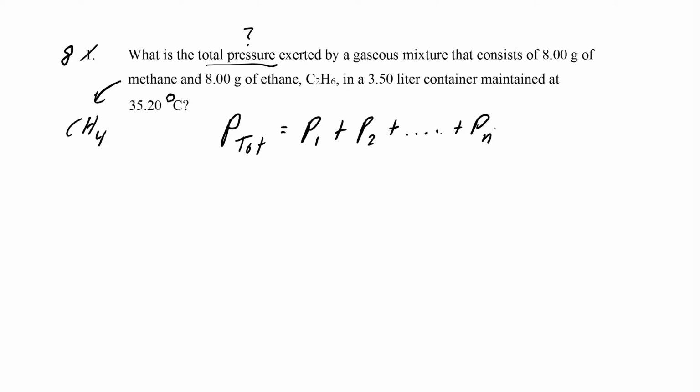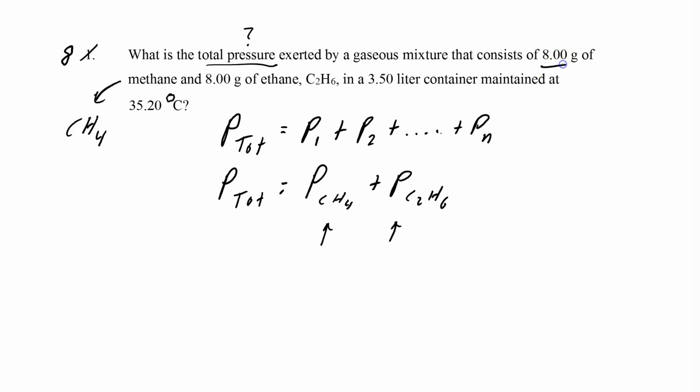In this problem there are two gases, so specifically the total pressure is going to be equal to the partial pressure of methane, CH4, plus the partial pressure of ethane, which is C2H6.